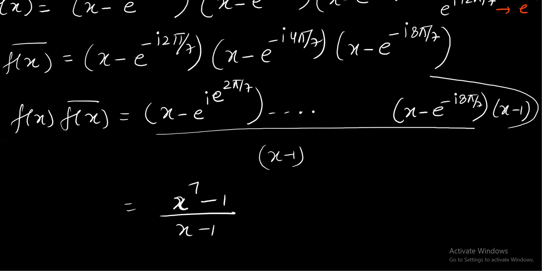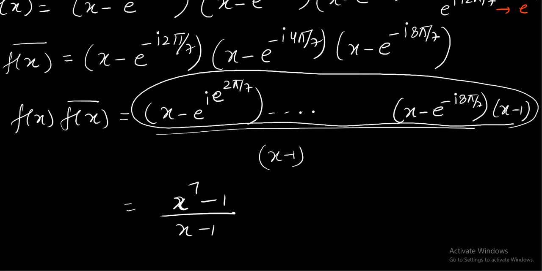I can write the numerator like this. Why? Because you are considering the 7th roots of unity. Now, all 7th roots of unity are present here, and I have written it in the factor form. तो जब आप उन सब का प्रोडक्ट लोगे तो अल्टीमेटली आपको मिलेगा क्या? जो पॉलिनोमियल हमें मिलता है that is x^7 minus 1. But now because x^7 minus 1 upon x minus 1 I have written here, so I can say that this will reduce to a GP, 1 plus x squared and so on till x^6.